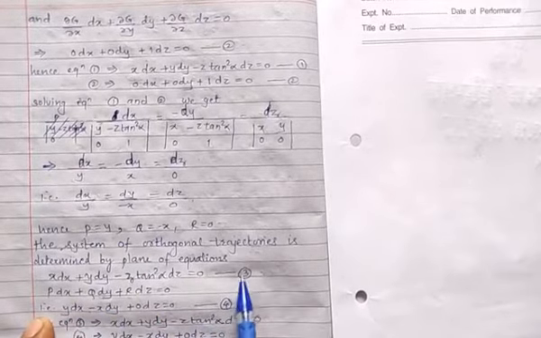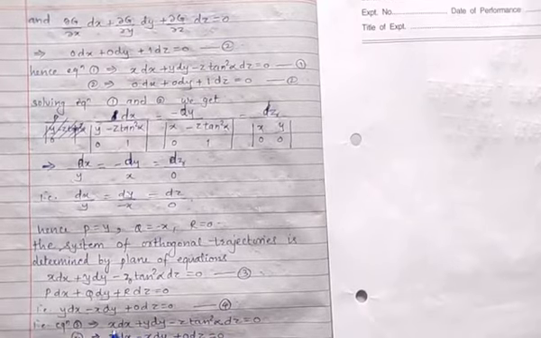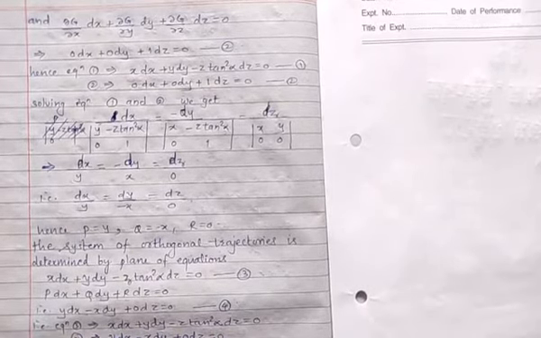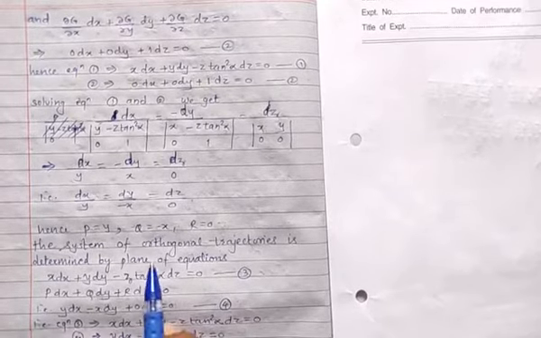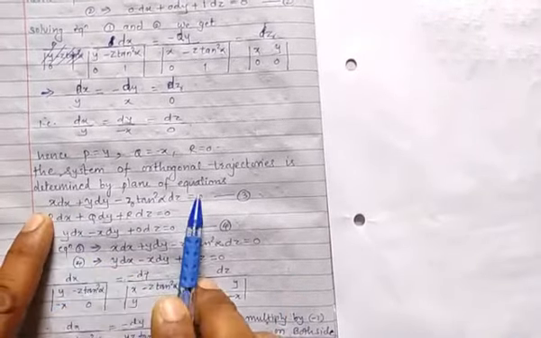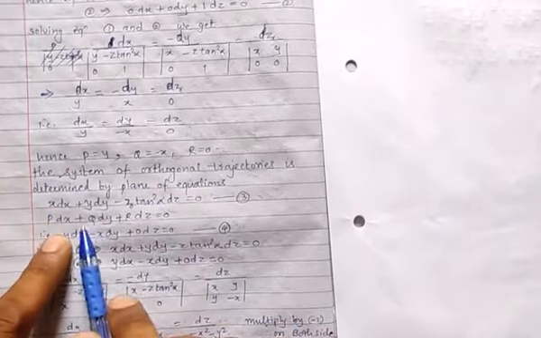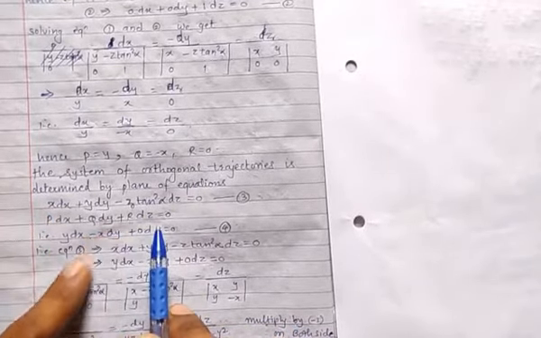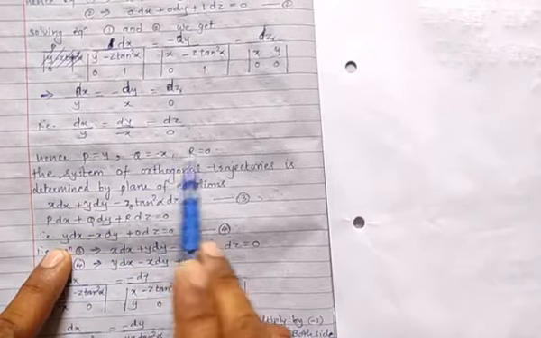So solving equations 3 and 4 for dx, dy and dz by using the same rule. Leaving the first row, first column, we get y minus x. Equation 3 is as it is, and equation 4 is p dx plus q dy plus r dz is equal to 0, where the values of p, q, r are y, minus x, 0.